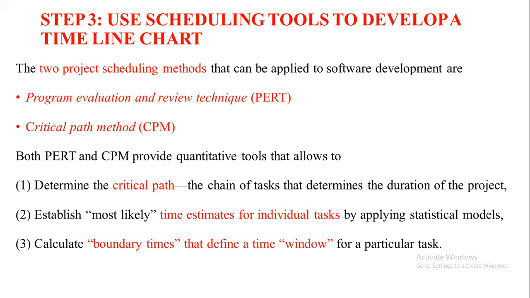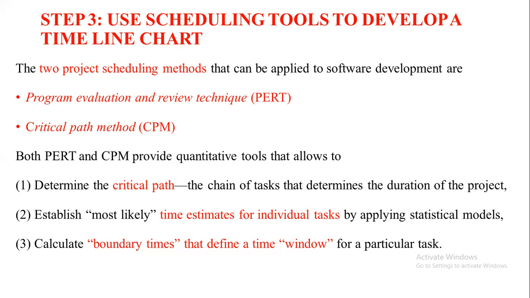Then the second purpose of this scheduling tool is to find out the time estimate for each and every task. Then the third one is the boundary time which a particular task can take. That is the maximum time limit the particular task can take so that we can finish the project on time.